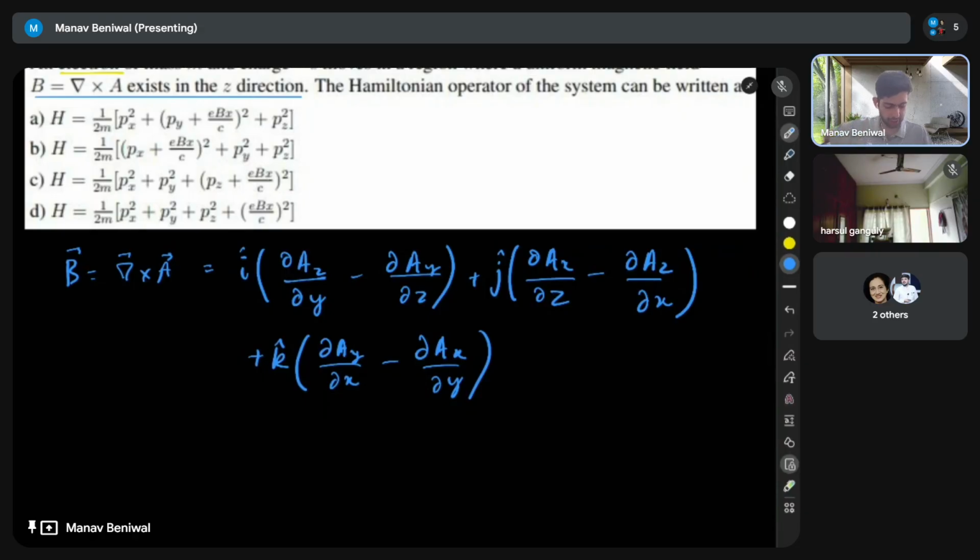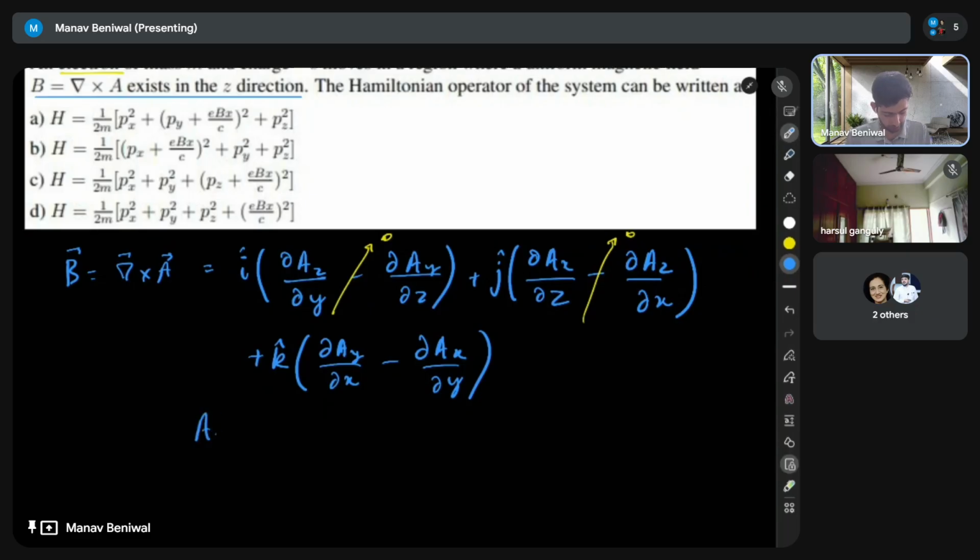Now because the field is only in the z direction, these first two terms go to 0, right? So this term is 0 and this term is 0, and I have only the z term that should remain. So when will this be non-zero? This should not be 0. So what should be the form of my vector potential?